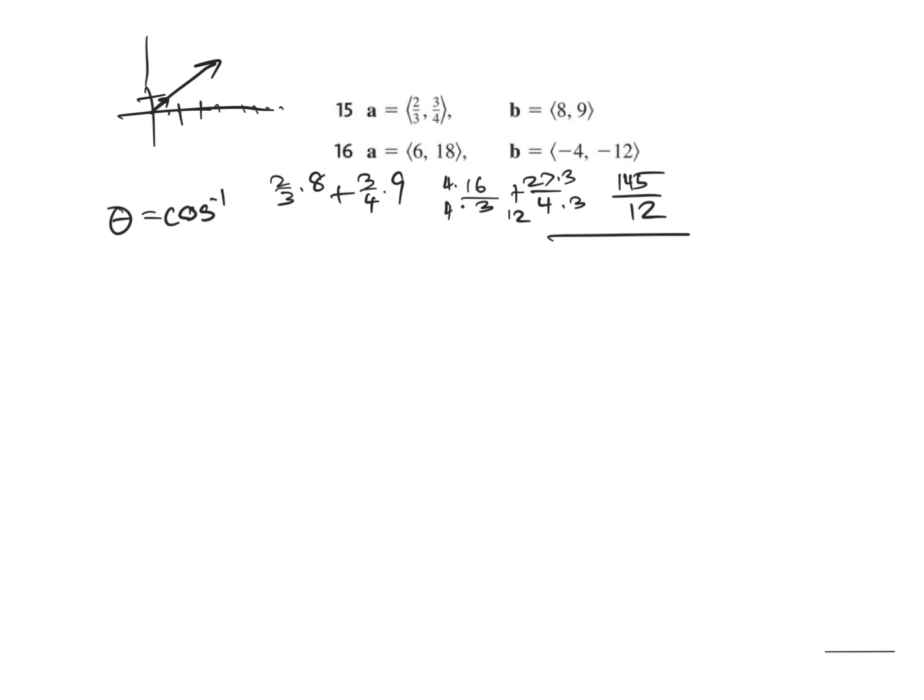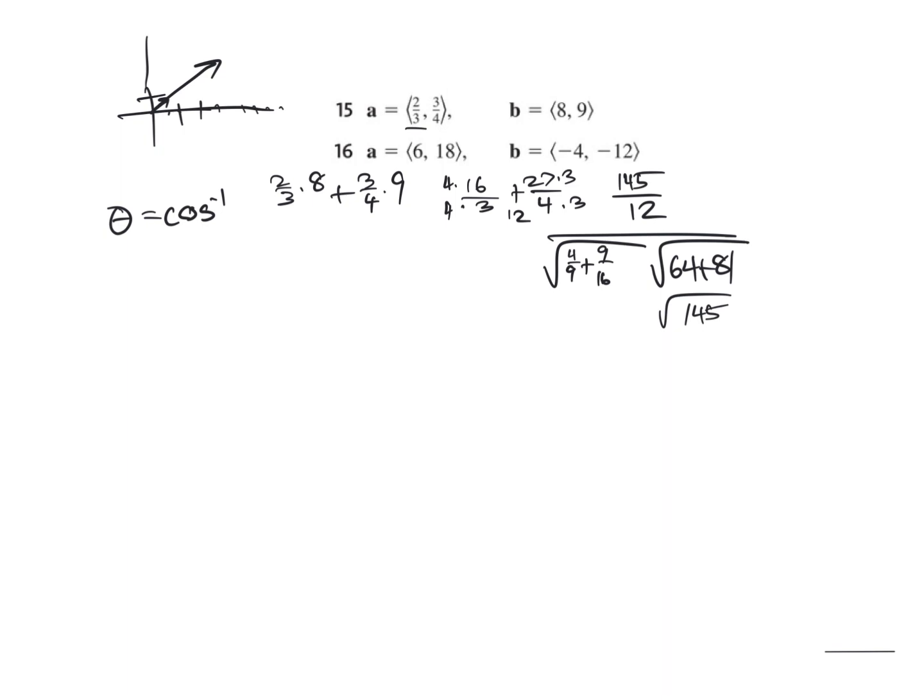And now we need that all over the square root of the magnitude. So that's 4/9 plus 9/16, and the other one is 64 plus 81. 64 plus 81 gives you 145. All right, so on the left here, we got to get a common denominator.